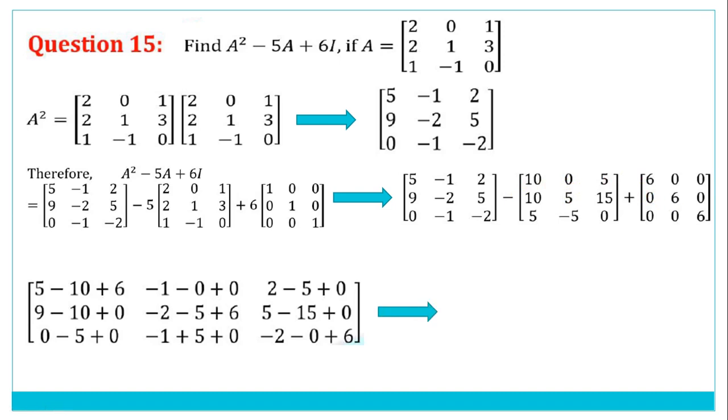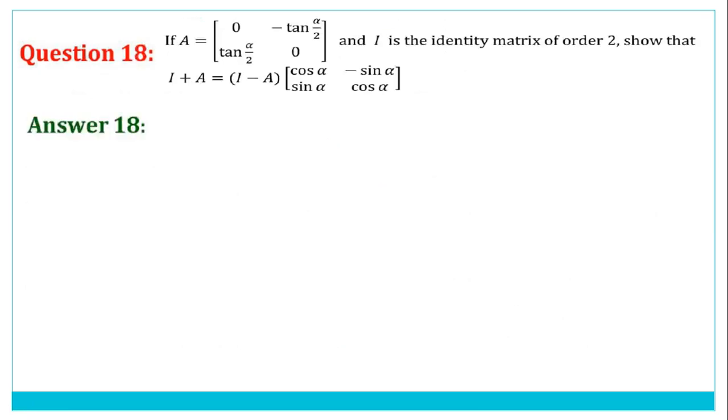And after adding and subtracting, this will be our answer. So A squared minus 5A plus 6I is this. That was the result here. Okay, solved. Let's move on.